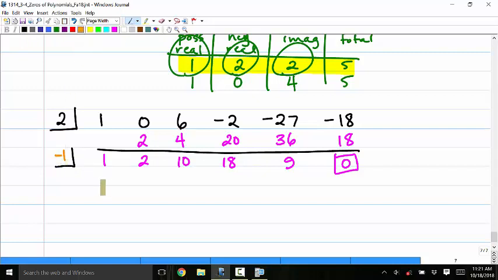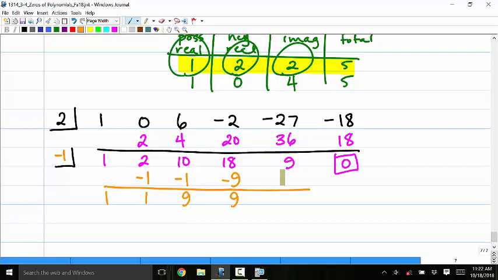Go do it. Bring down the 1. 1 times the number in the half box is negative 1. Add them going down. 1 times the number in the half box, add them going down. 9 times the number in the half box, add them.